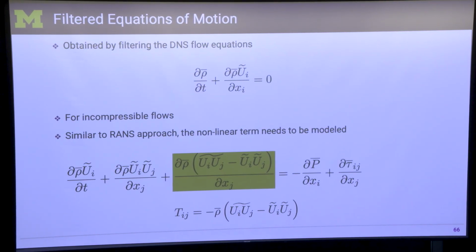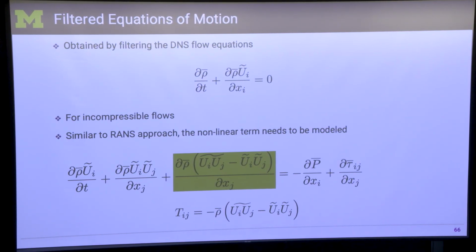So if I were to take these equations and filter them together, I will write these equations to look like this. What I've done here is just a rearrangement of terms. I've not removed anything. You see that there's ui, uj filter, which I need to model.